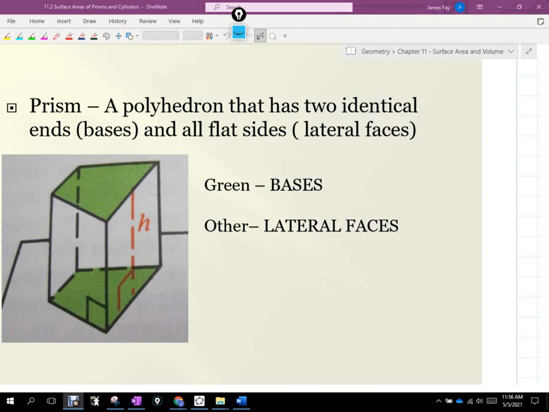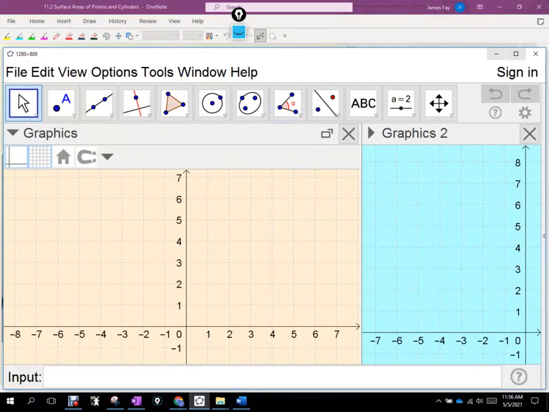So if I look at that shape right there, all the lateral faces are rectangles, okay? The base right here would be a trapezoid. Does that make sense? So we would call this a trapezoidal prism. Trapezoidal prism.